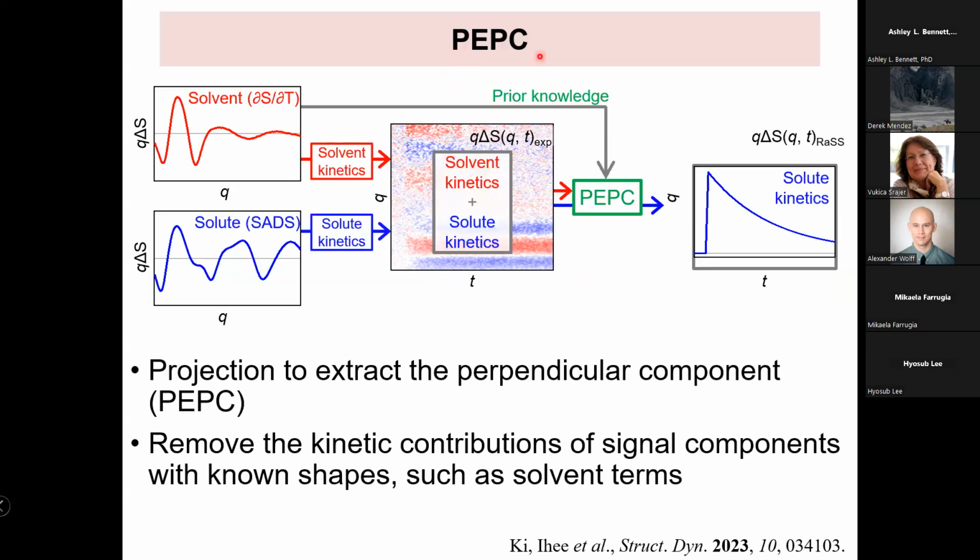PEPC stands for projection to extract the perpendicular component. This method removes the kinetic contributions of some known signal components such as the solvent, and by doing so, it leaves only the contribution of the unknown signal components such as the solute.